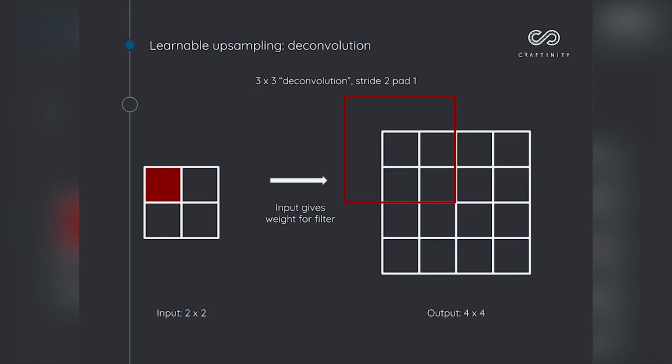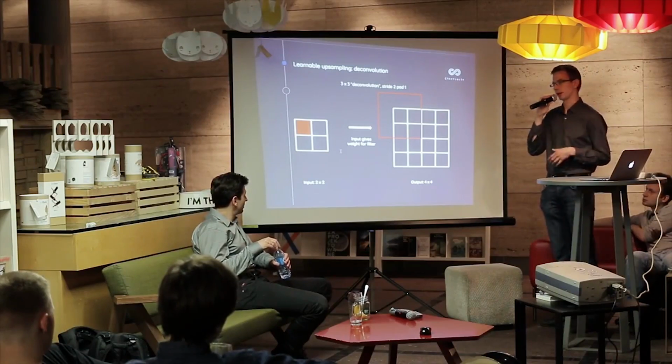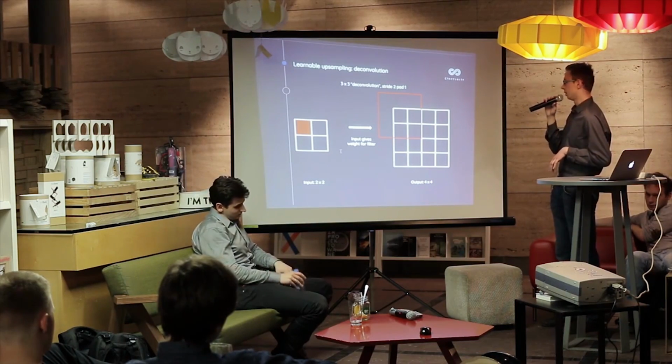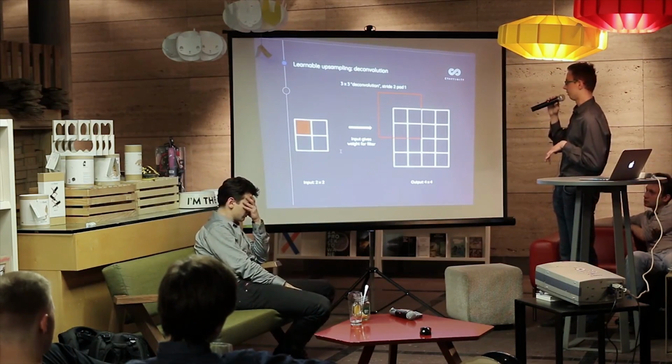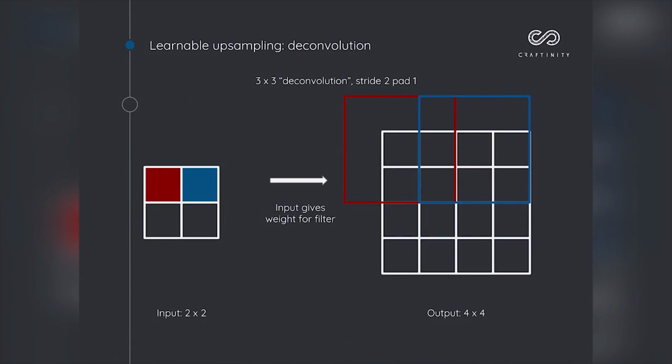Deconvolution is just multiplying the filters by an input, like a matrix by a scalar, and putting all the values in the output matrix. And if they're overlapping, we just sum up.